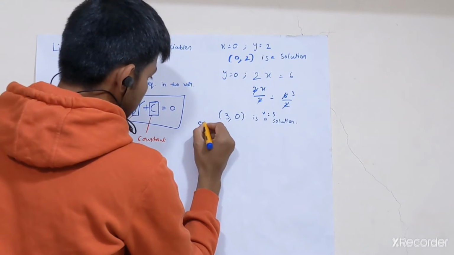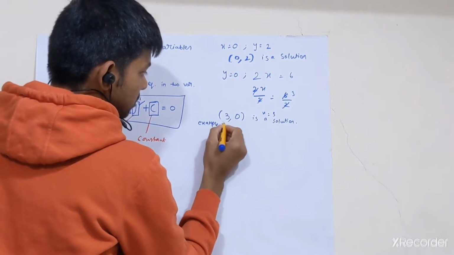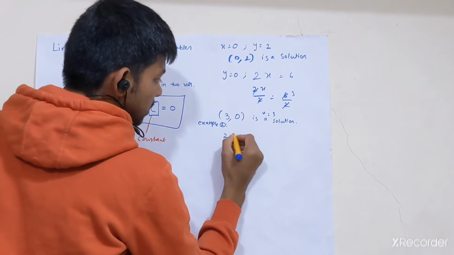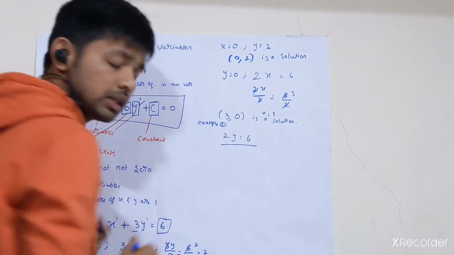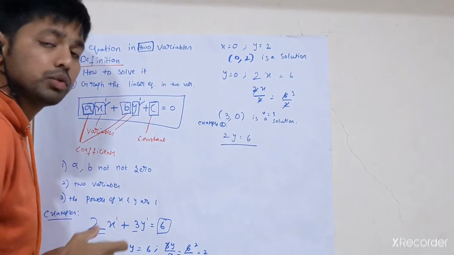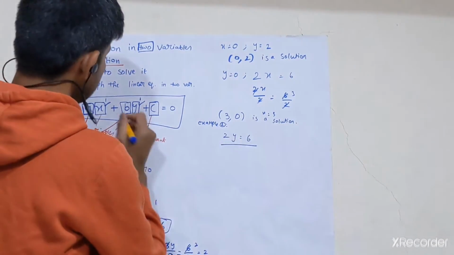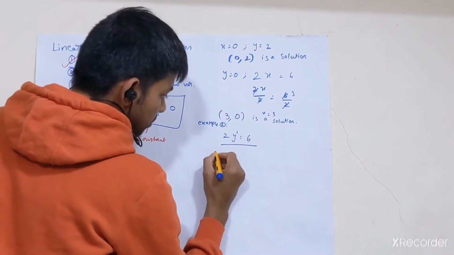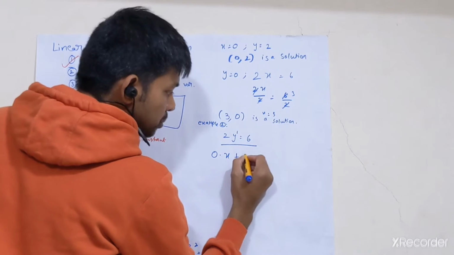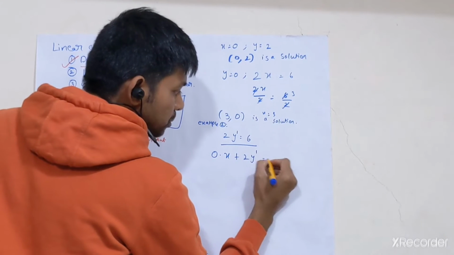For example, example 2: 2y is equal to 6. Will you call this a linear equation in two variables? Of course we can call it, because we can write this equation in the form 0 times x plus 2 times y is equal to 6.